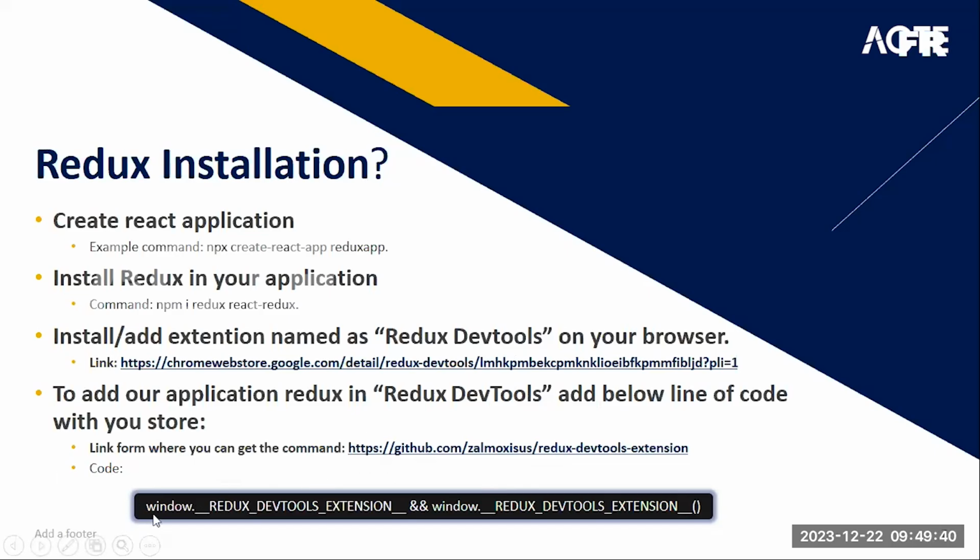It is a standard command. You don't need to make any changes to it. This is window.__REDUX_DEVTOOLS_EXTENSION__ and window.__REDUX_DEVTOOLS_EXTENSION__(). So this is a function. We need to add this command inside our store whenever we are going to create it.